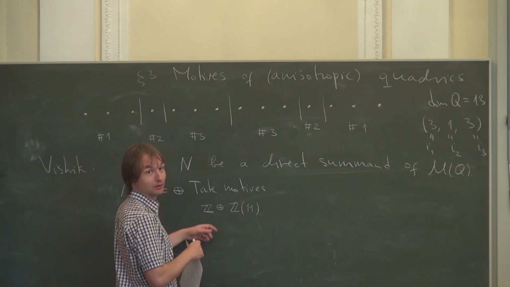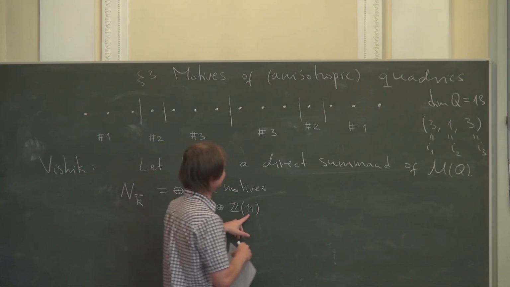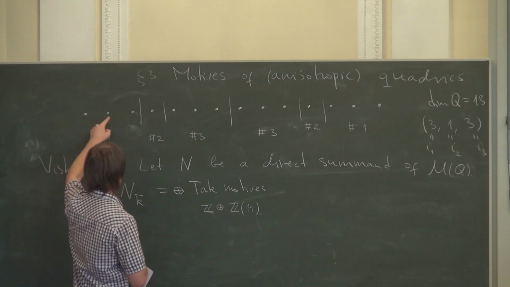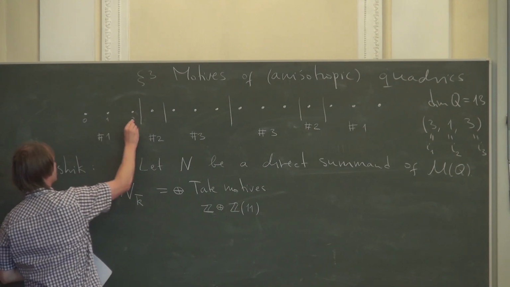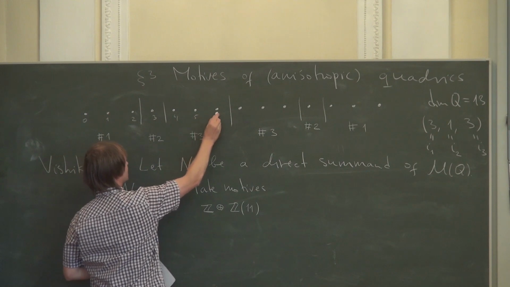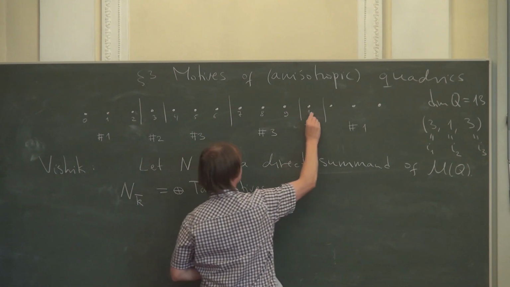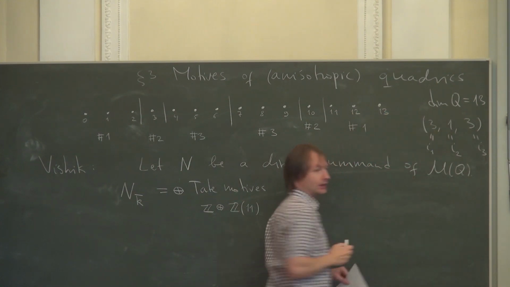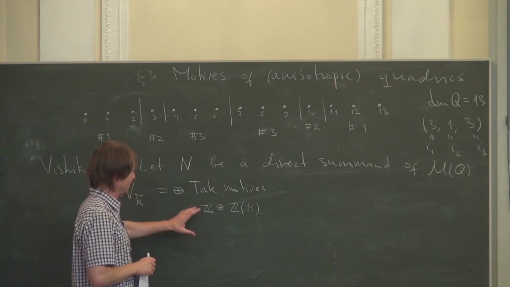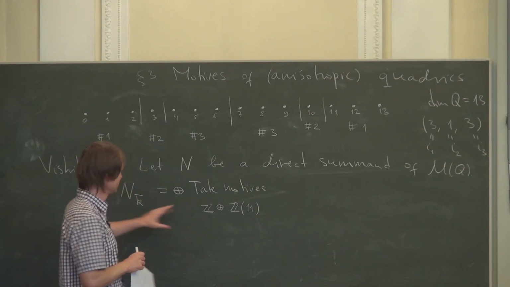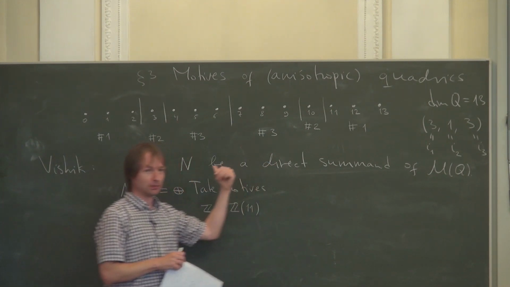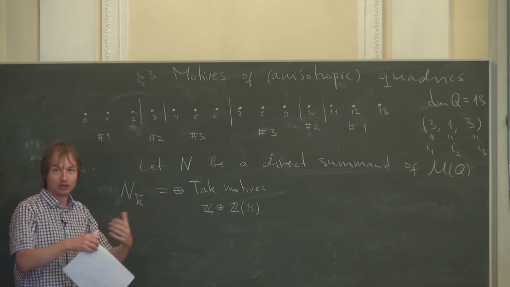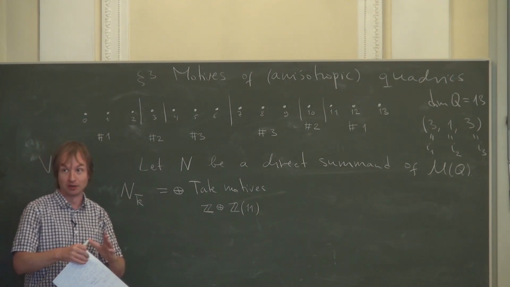Well, actually this is impossible, but assume this happens, then this is this point. We count from 0: 0, 1, 2, 3, 5, 6, 7, 8. So here's the dimension. And then we can visualize motivic decompositions of the motif of Q on these pictures, just saying which Tate motifs belong to which summands. Okay, this is what we will do.